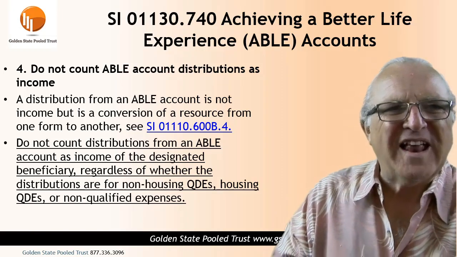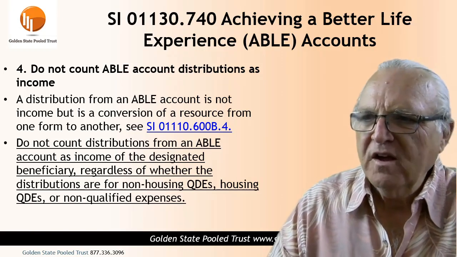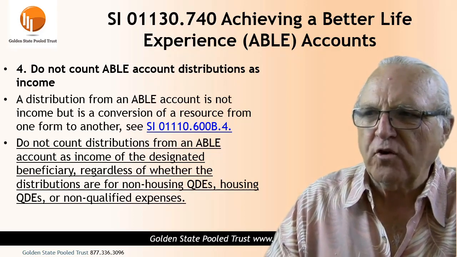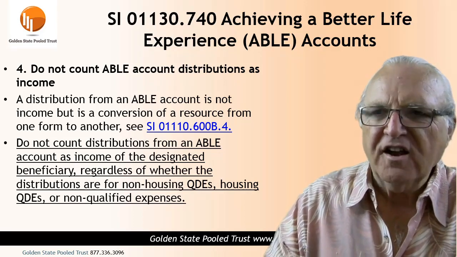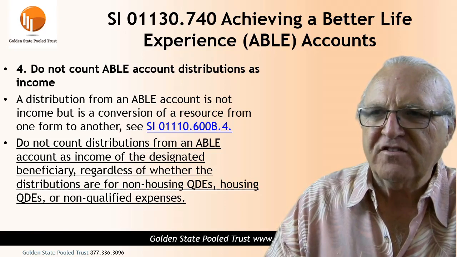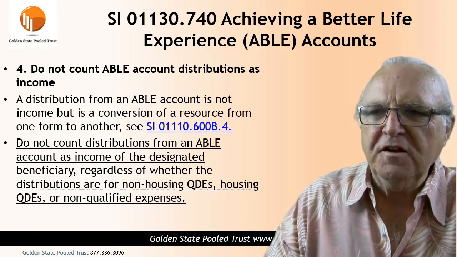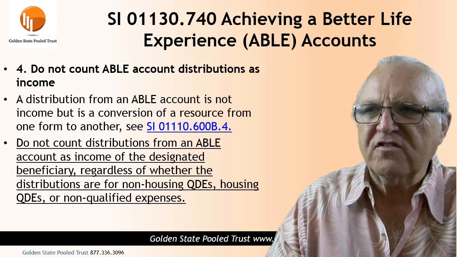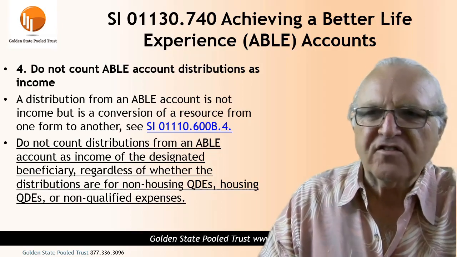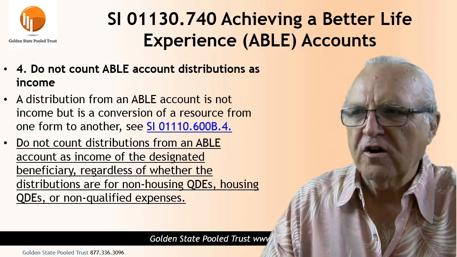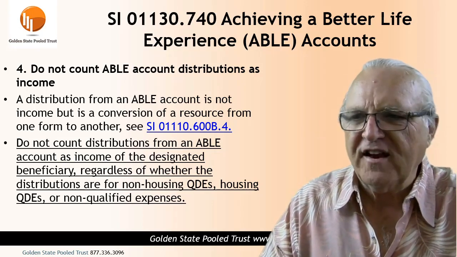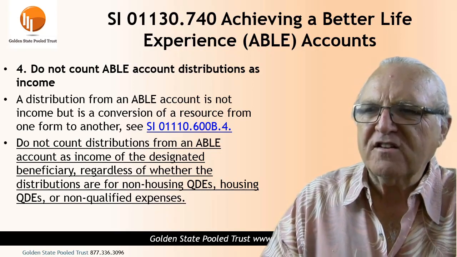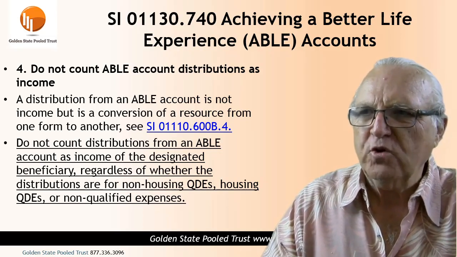And so what happened with a lot of the information is that there was something written by the Department of Treasury that described what a QDE is, and it started off by saying a QDE is basically any basic expense that helps enhance the quality of life for an ABLE beneficiary. Somebody read that and said, I really like that.